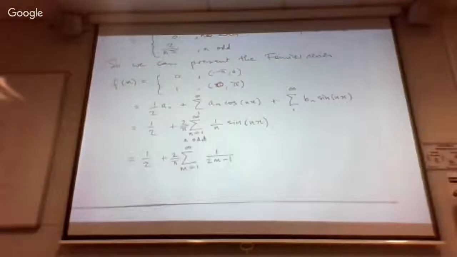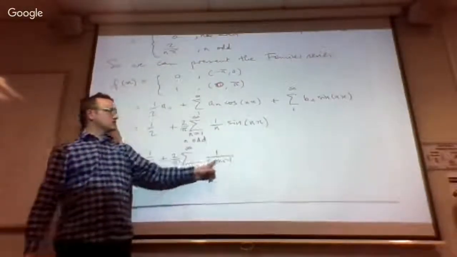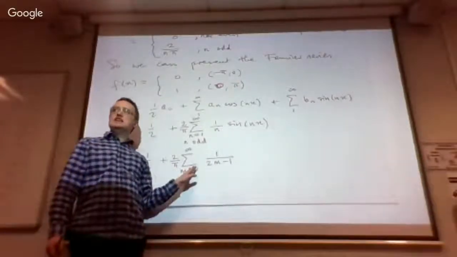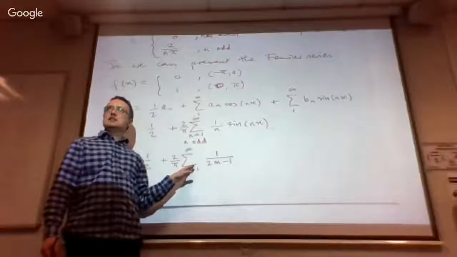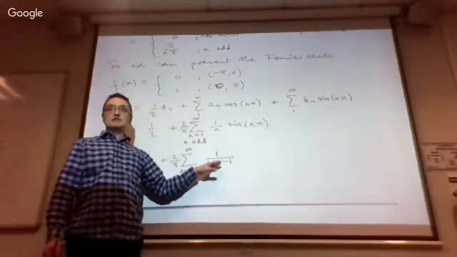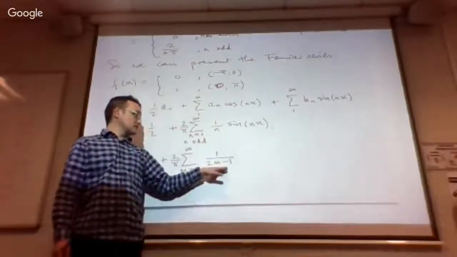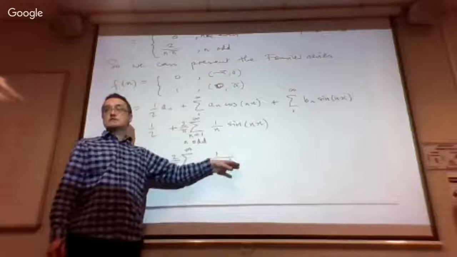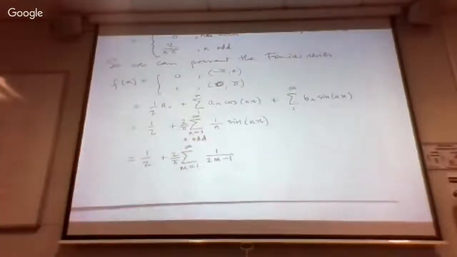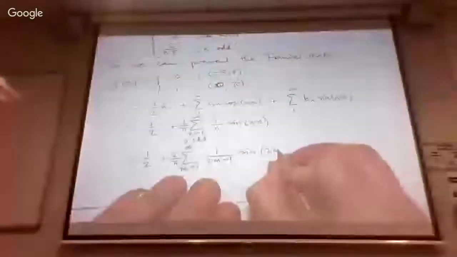So when m is 1, this generates 1. When m is 2, this generates 3. When m is 3, this generates 5, and so on. So that generates all the odd integers as m runs through all the integers. And that's sine of (2m minus 1)x.